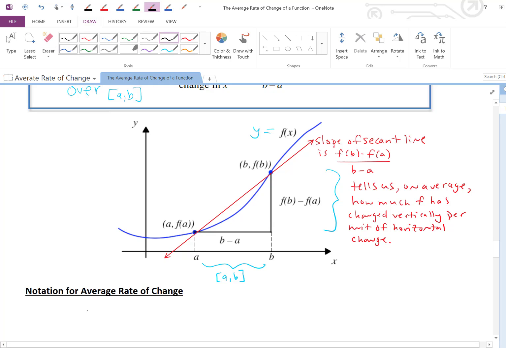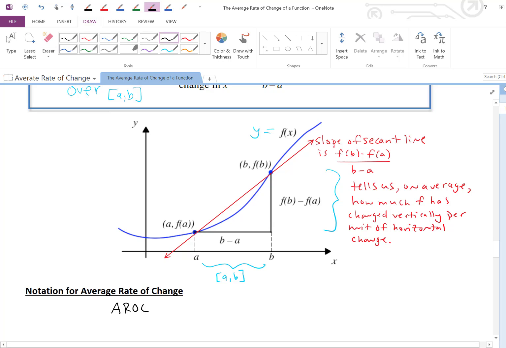I'm going to use the notation that I like to use, and that is, instead of writing out the words average rate of change every single time we want to find one of these things, I just acronym it and call it AROC. Over what interval? Well, because the average rate of change in general is going to be different depending on which interval you're looking at.